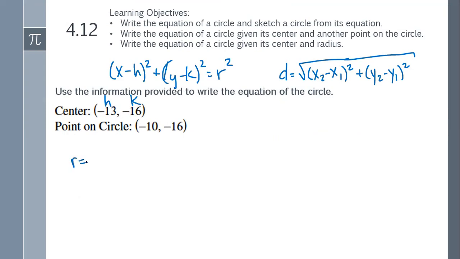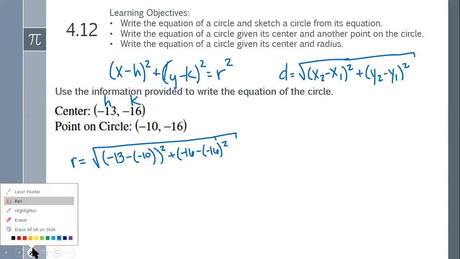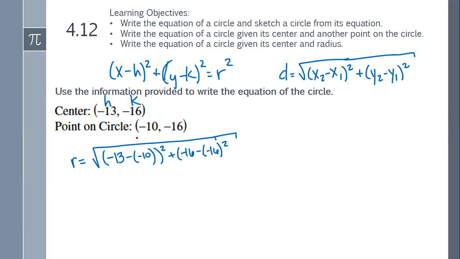So my radius is equal to, okay, so I'm just going to say my center is point 2, so negative 13 minus negative 10 squared plus negative 16 minus negative 16 squared. So again, dealing with the double negatives, that's really a giant plus sign, and so is this one there.